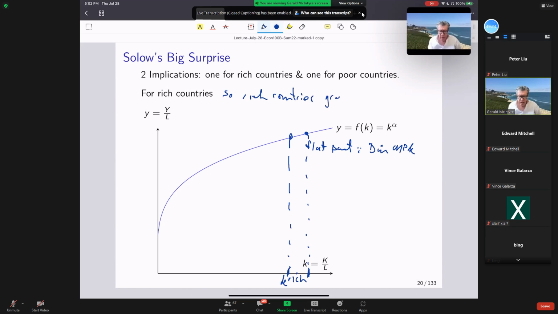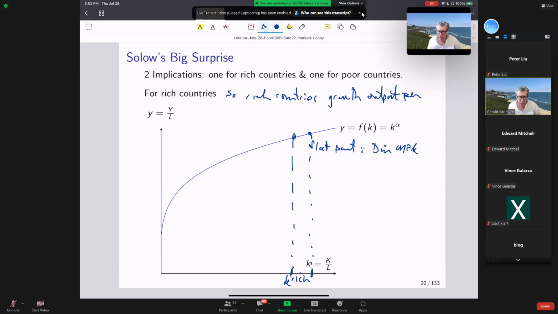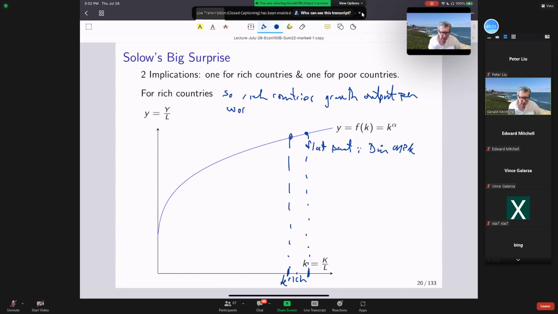Rich countries' growth of output per worker, I don't usually write things out, but it's so important, let's slow down a bit, depends on technological change, because they've reached the point of strongly diminished marginal product of capital per worker.